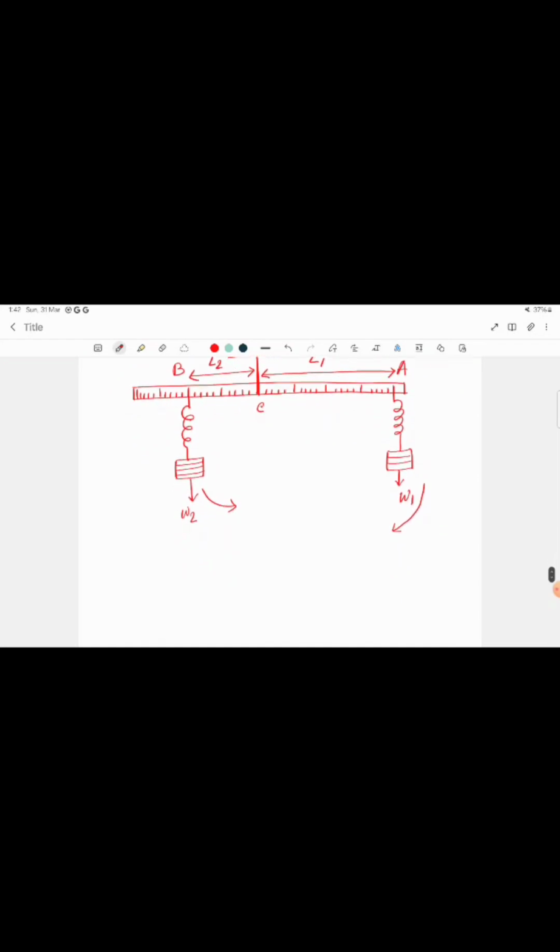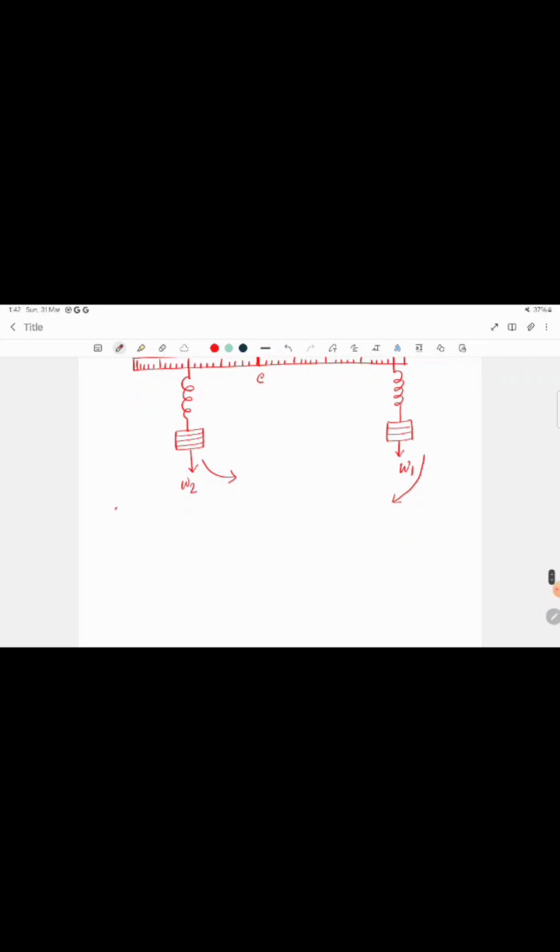Now in this case, we have to calculate the moments both ways. If we want to calculate the clockwise moment at A, what will we get? Moment means force into perpendicular distance.